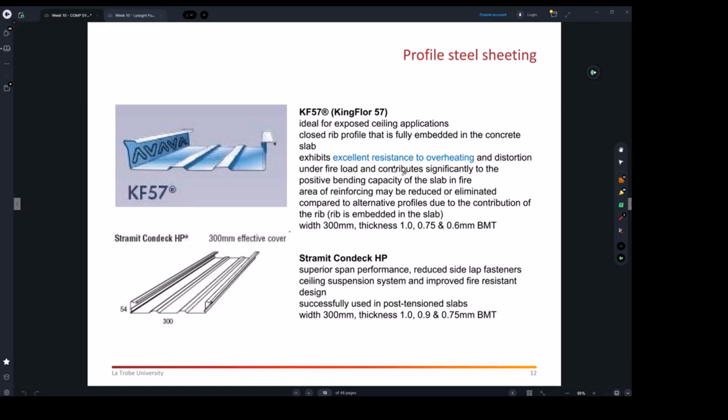Right, there are, as you can see, special features, and some of them, like the supplier for this sheet, KF57, claim that it has high resistance to fire, so be it. Again, that's going to be a choice from the architect. Maybe they didn't want to put plasterboard that can resist fire, so they may decide on having a special type of bonding or formwork or metal deck. That's where they're going to go and search for such products, right?